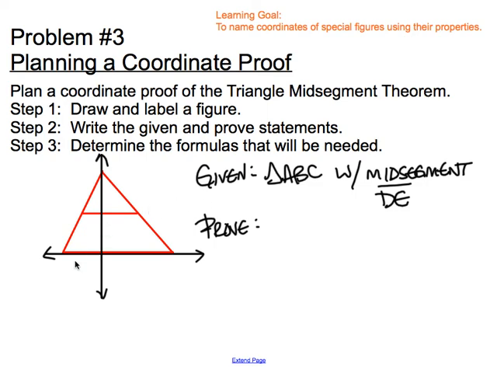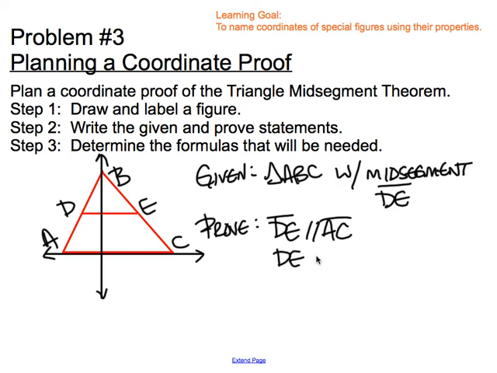So in this case, it makes sense that we have ABC as our triangle, and the midsegment is DE. If we think back to triangle midsegment theorem, we need to prove 2 things. We need to prove that segment DE is parallel to segment AC in this case. And we also need to prove that DE equals half of AC.